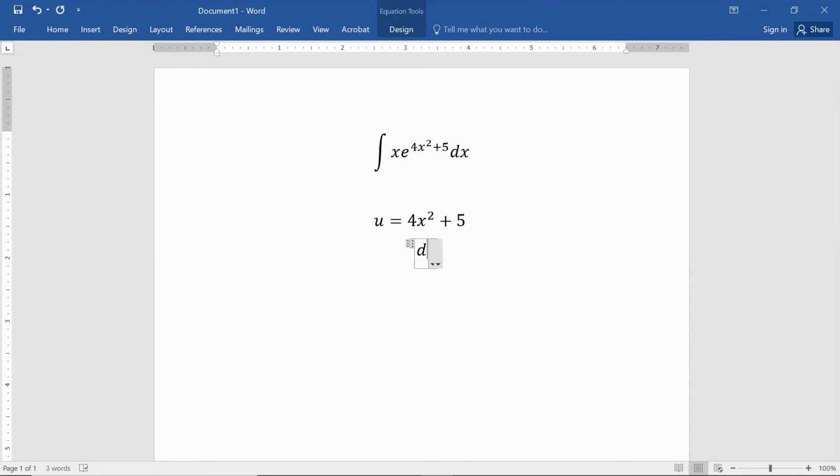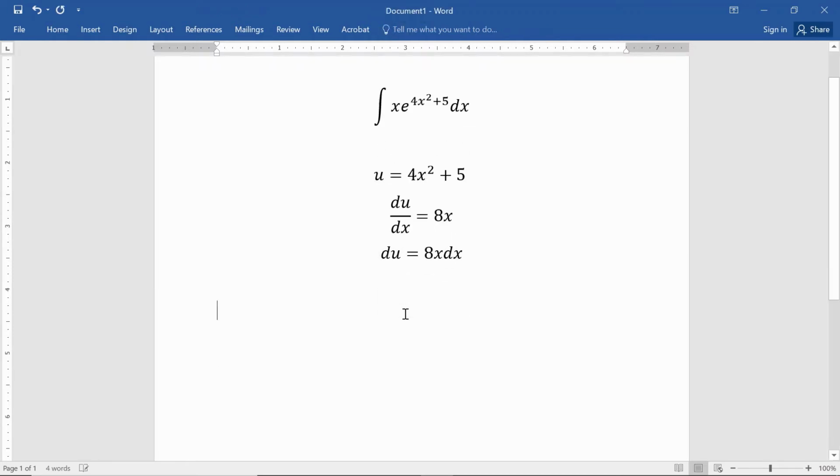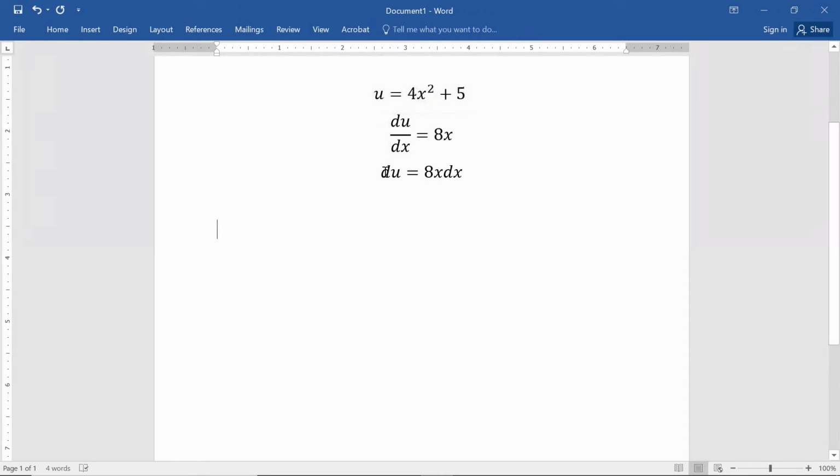When I take a derivative of u with respect to x, I end up with 8x. That means I can exchange a differential du in for an 8x dx. Now I have to rework this integration in order to make my u and du exchange work.